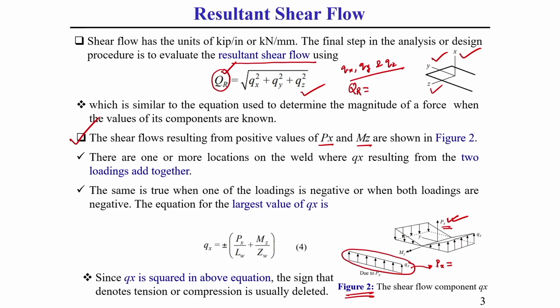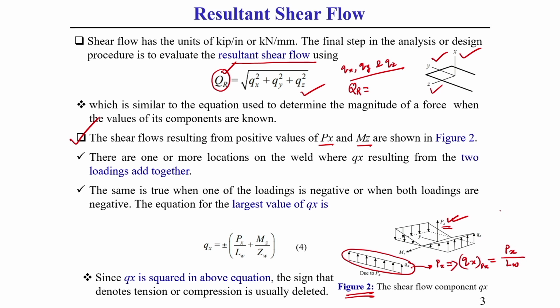Now, if Px is applied, then corresponding to Px there will be a Qx value. Let us consider that I am representing Qx, which is due to Px. So, you can write this as the force Px along the x direction divided by the length of the weld, because I have already discussed what shear flow is.